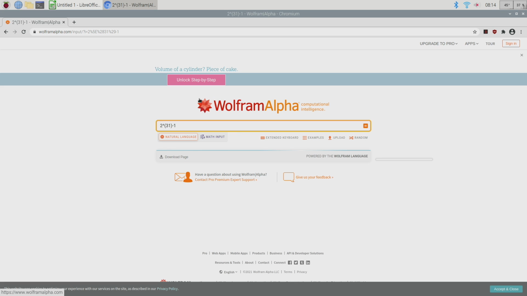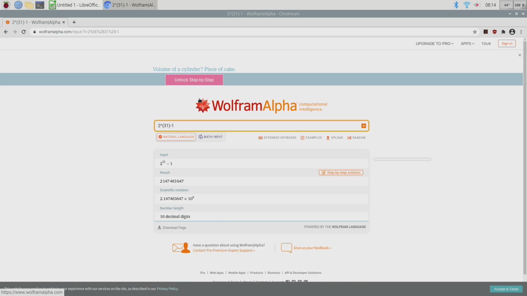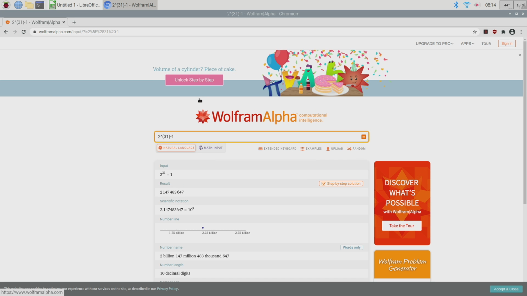Once the website loads, nice and slow. 2,147,483,647. That would be the largest number that you can encode as a signed number in 32 bits.